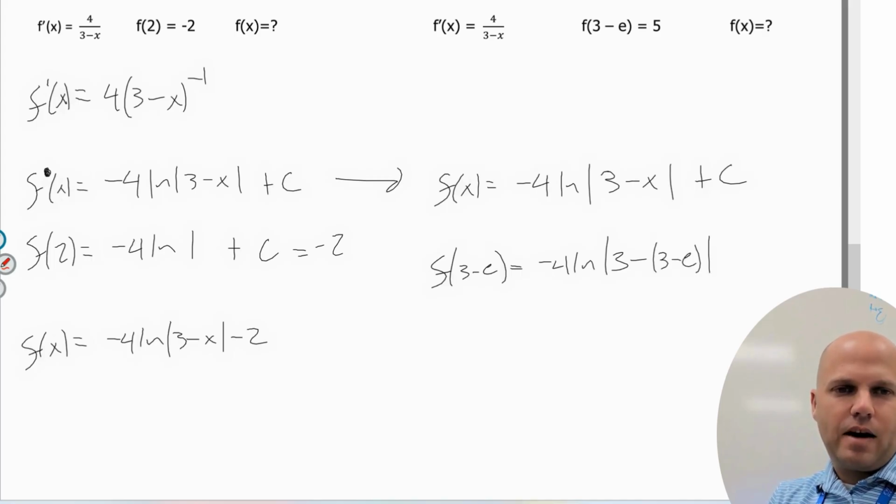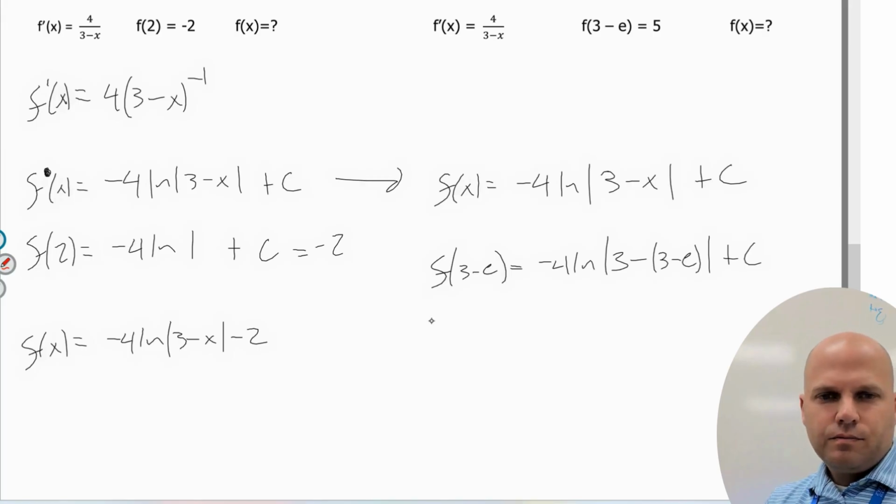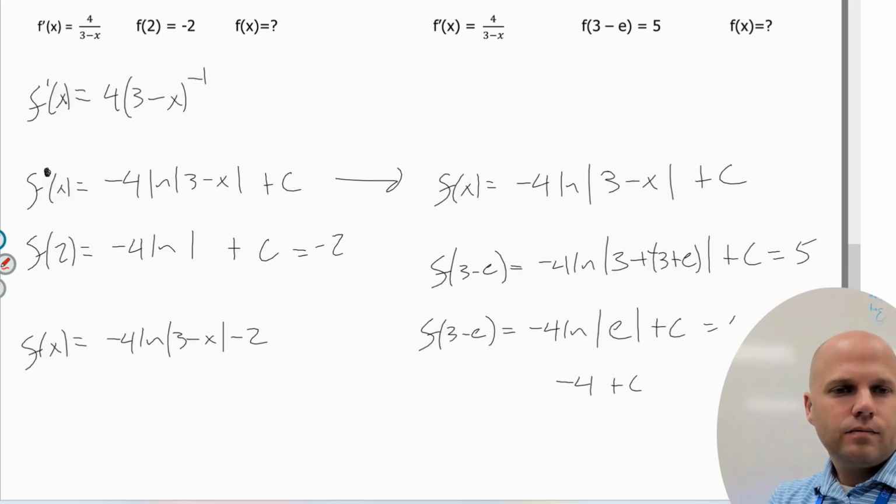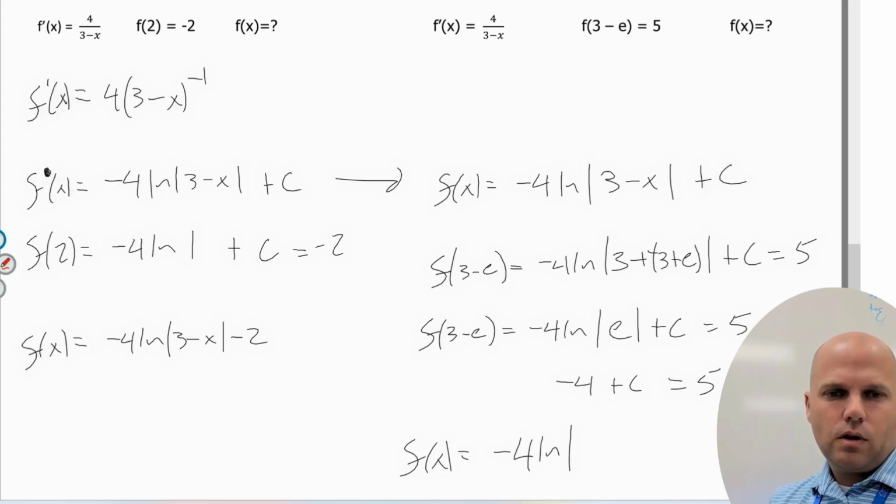Now it actually doesn't matter because of the absolute value, but watch. That'll be minus a 3 plus an e. So it becomes log e plus c. The natural log of e is 1. So negative 4 plus c equals 5, which means c is 9. And we have f of x is negative 4 log 3 minus x plus 5 plus 9.